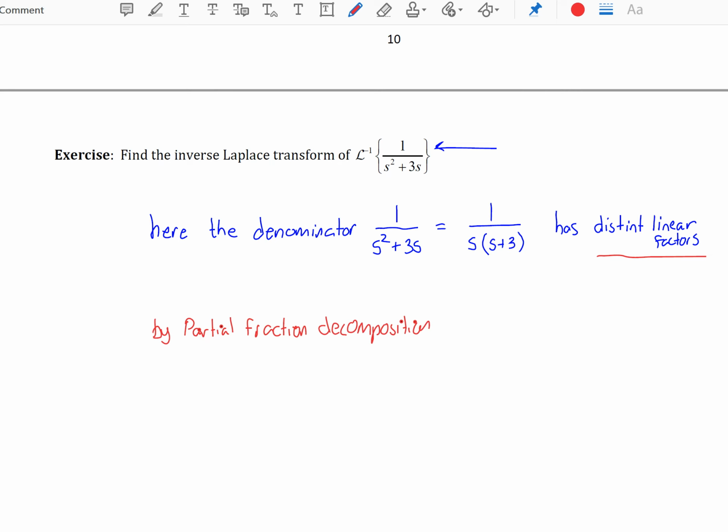So remember, with partial fraction decomposition, you want to rewrite your fraction 1 over s times s plus 3 as a constant a over your first factor, plus b, a constant, over your second factor.